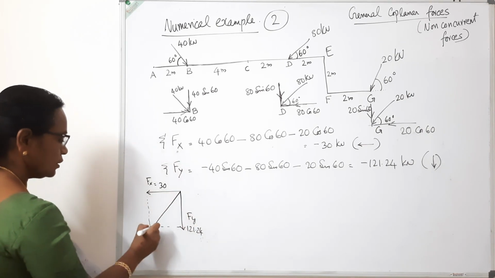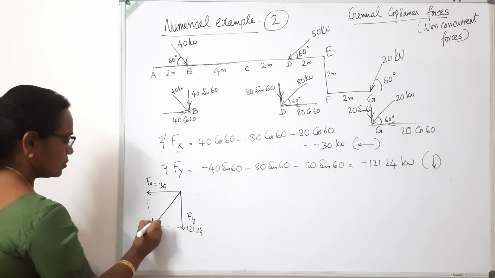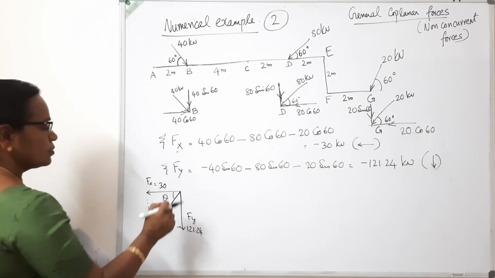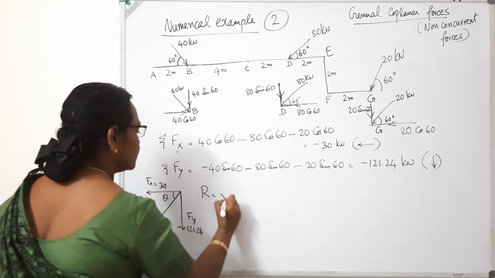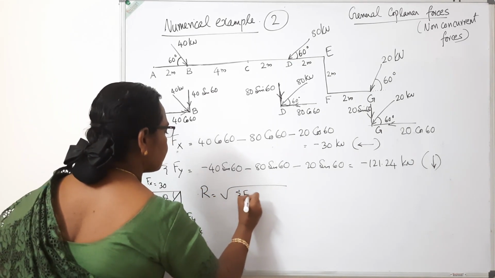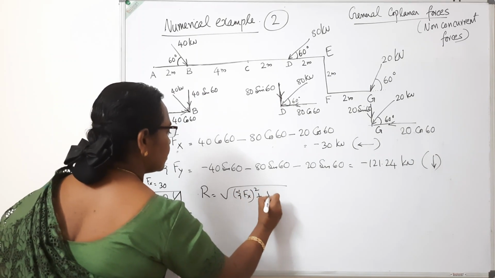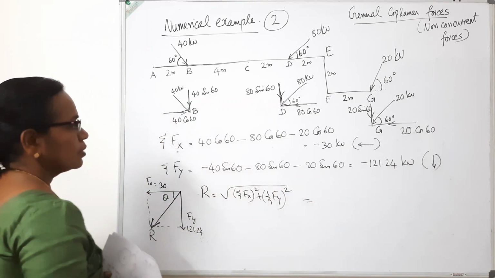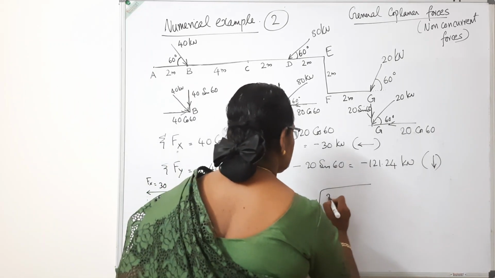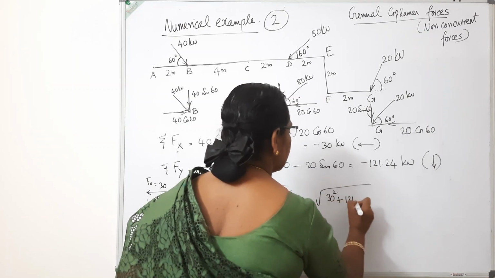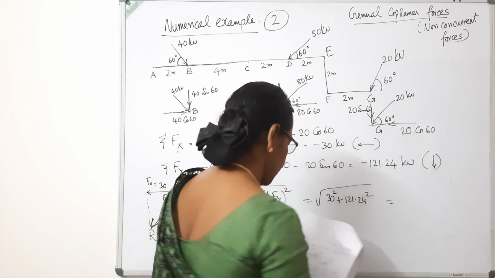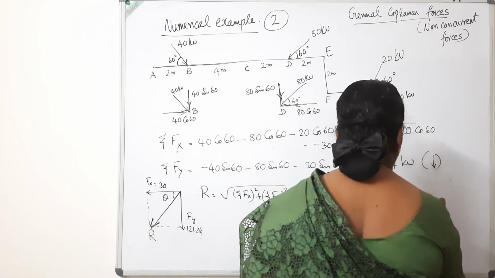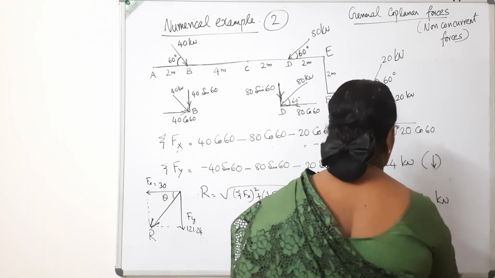This is the direction of the resultant. So this is say theta. So R is equal to square root of sigma Fx the whole square plus sigma Fy the whole square. We'll get root of 30 square plus 121.24 square. It works out to 124.9 kilonewton.